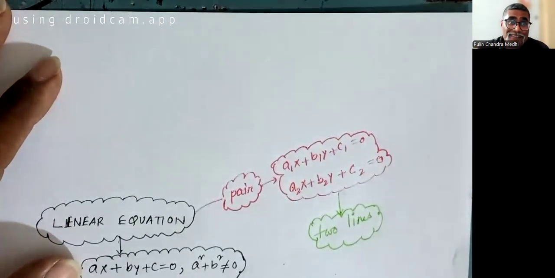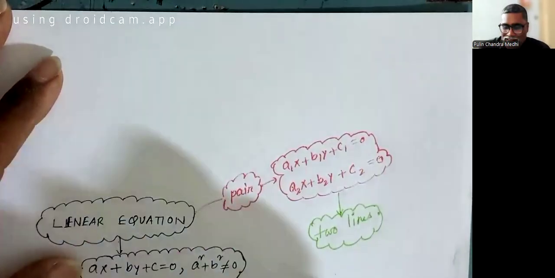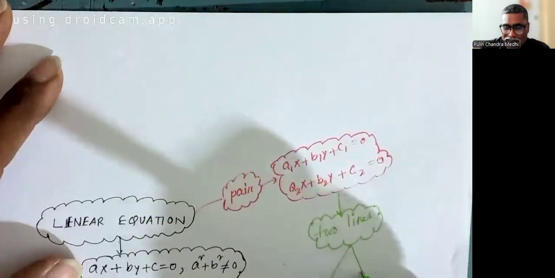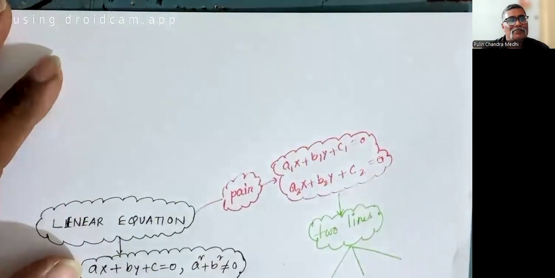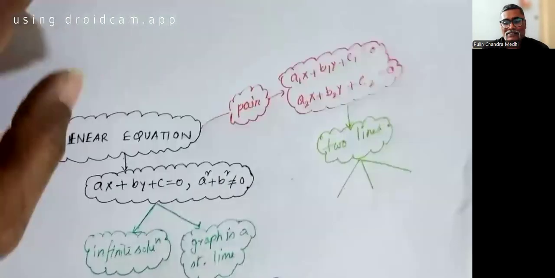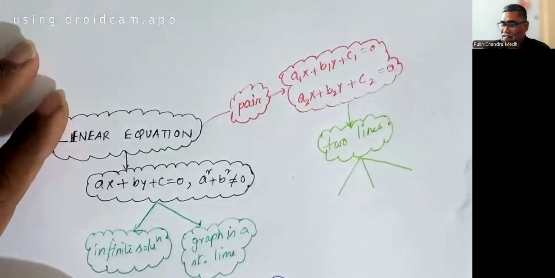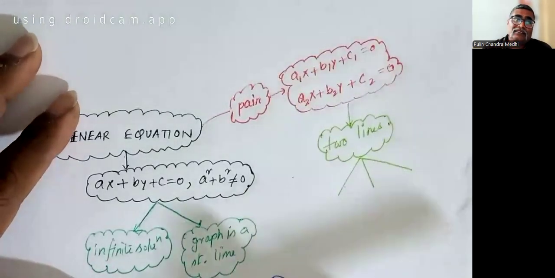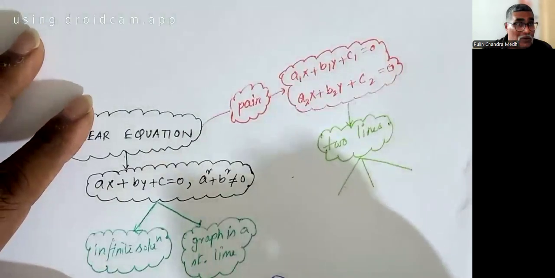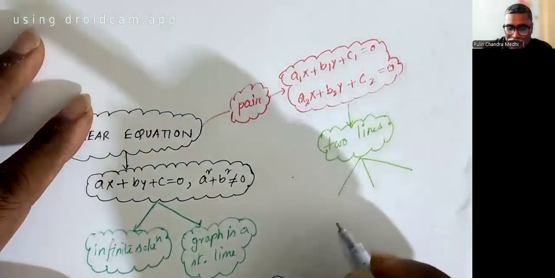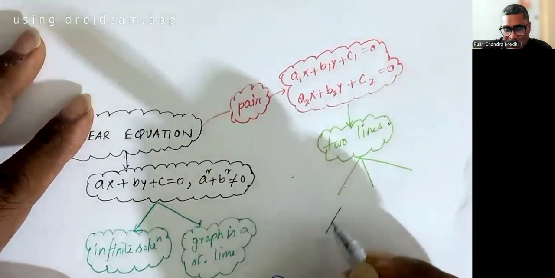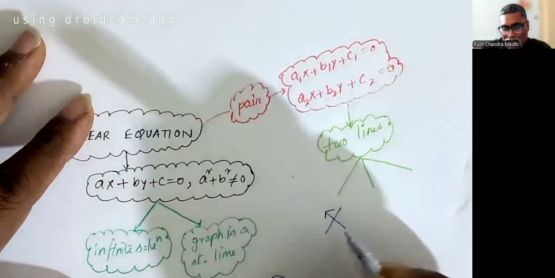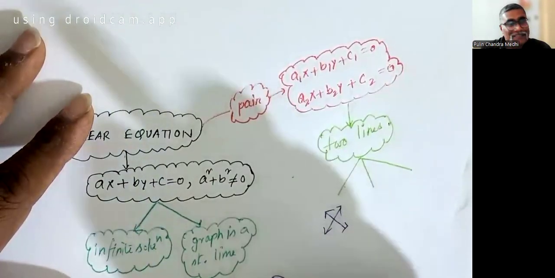Very good. Two lines. So two lines can be of what nature? Now you will be getting three different options for those two lines in a plane, right? Draw it with the help of a figure. One can be of this sort, that means the lines are intersecting.